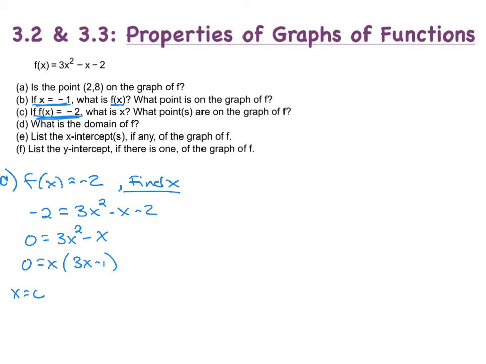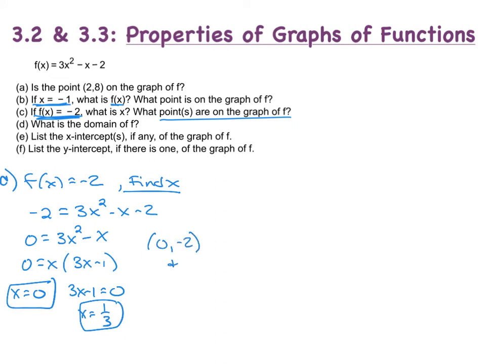So I have x equals 0, 3x minus 1 is 0, giving us x equals 0 and x equals 1/3. So the points that are on the graph, to answer their follow-up question, would be (0, -2) and (1/3, -2).